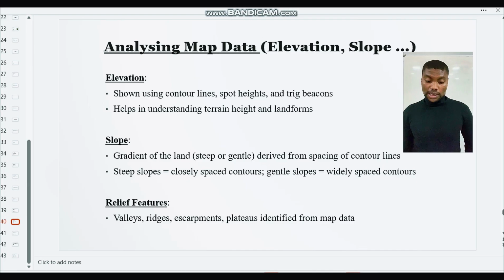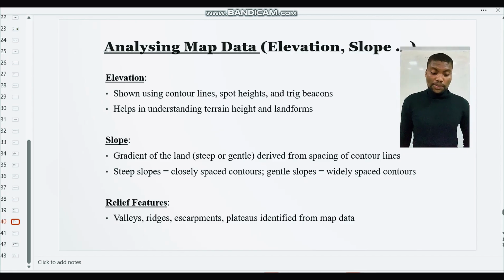We move along to analyzing map data, focusing on elevation and slope. Elevation is shown using contour lines, spot heights, and trig beacons. It also helps in understanding terrain heights and landforms.